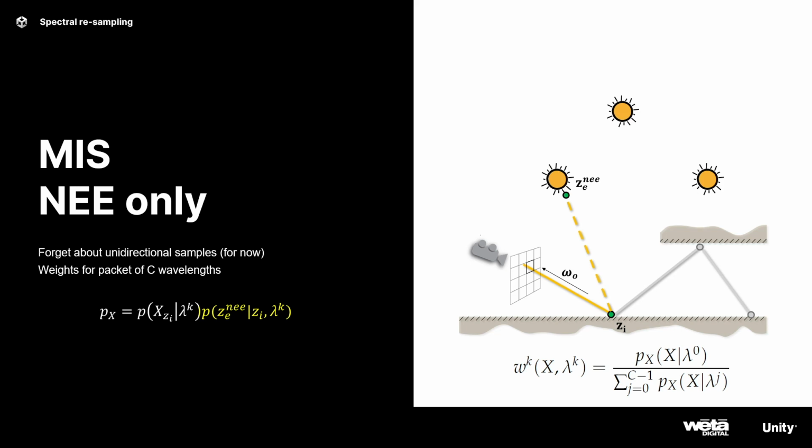Unfortunately, this probability is intractable. We don't know it because it is the probability that comes from the resampling process. But as was suggested in previous works, we know that the unbiased contribution weight converges to the reciprocal of this unknown PDF, and we can use this fact to approximate our MIS weight.